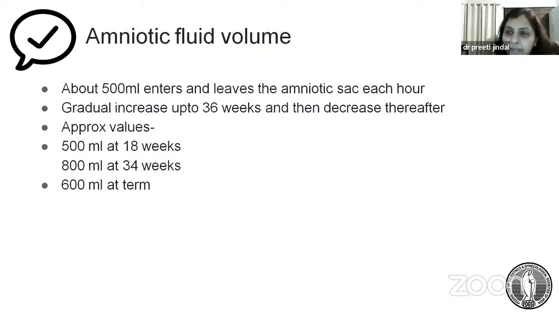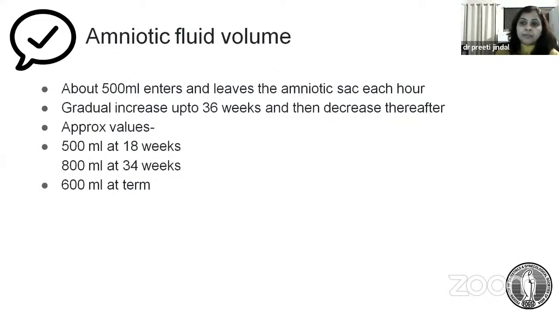And one thing I would like to point out over here is, though we have 500 ml at 18 weeks, 800 ml at 34 weeks, and 600 ml at term, we should also see one thing: if there is a diabetic patient and she is having less liquor, then though it might be in the normal range of AFI, but towards the lower side, we should use our own clinical judgment also.